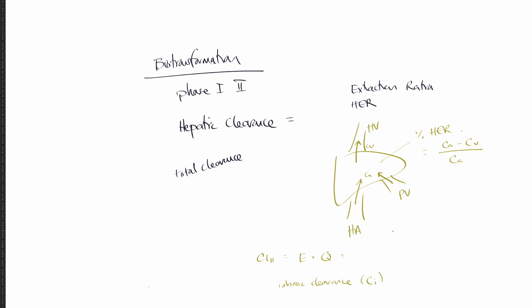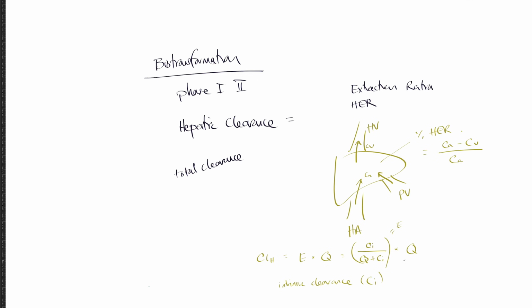And so a way to express the extraction ratio is intrinsic clearance divided by the flow plus intrinsic clearance. And if you represent that as your extraction ratio, E, and you times that by Q, then this will equal your total hepatic clearance.